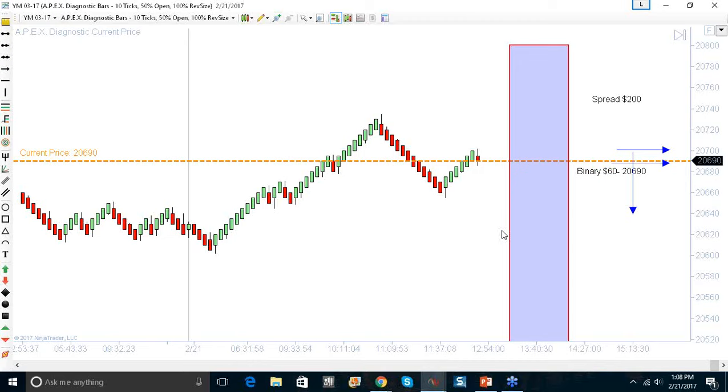So if it goes against me and it goes down 30 pips and I'm going to get out, I lost 30 bucks, whether I put up 100 or whether I put up 200 or whether I put up 500. I don't lose any more, do I, by going with those bigger spreads or putting up more money out of my account? I don't lose any more if I'm managing the trade, right?